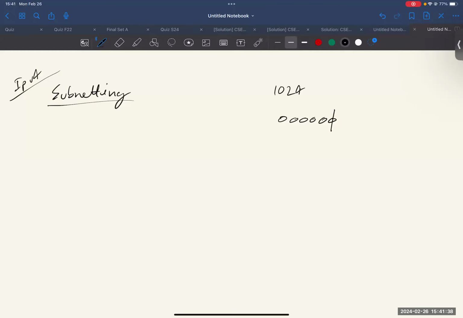I either have 15 bits in network or 16 bits in network. I can never have 15.5 bits. So it's always a distinct division.